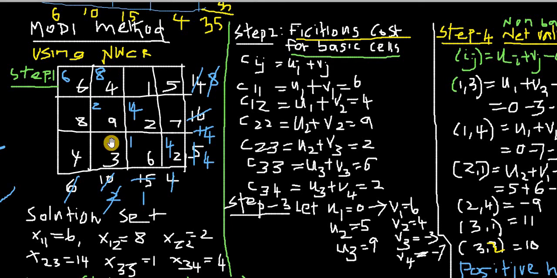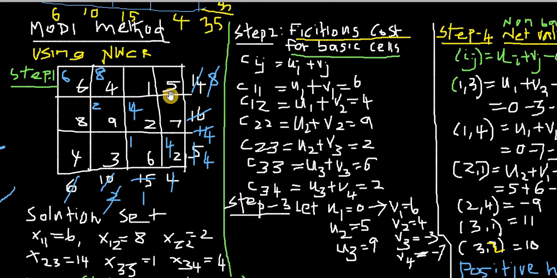So give 8 items from here to here. The remainder needed is still 2 items in the second destination. So the available capacity from the first production center is over, this is met.